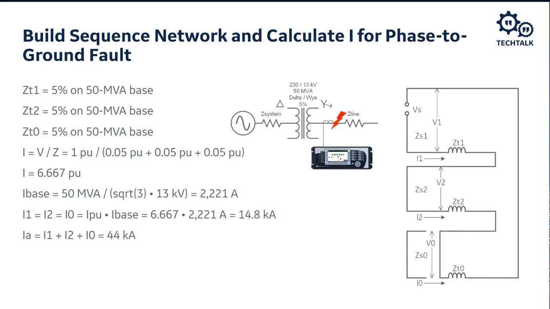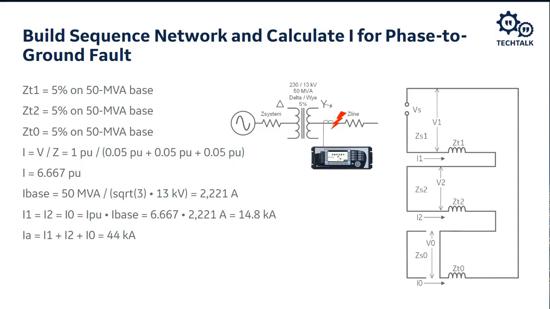The positive, negative, and zero sequence are in series, so I can sum those together on the bottom. 1 over 3 times 0.05 gives me 6.67 per unit. So my fault current is 6.67 per unit of the transformer base quantities.